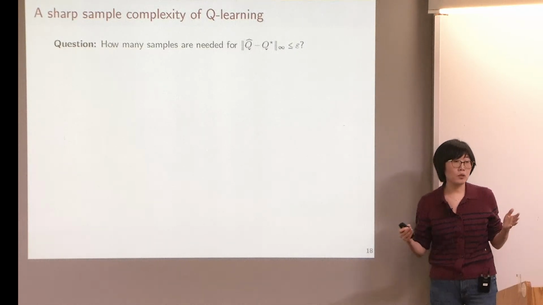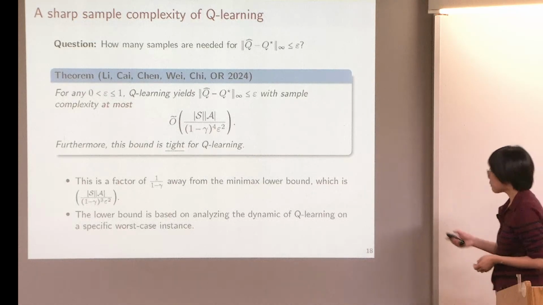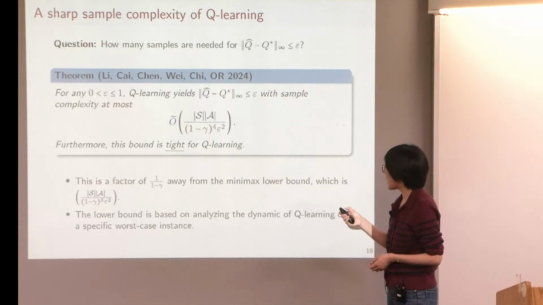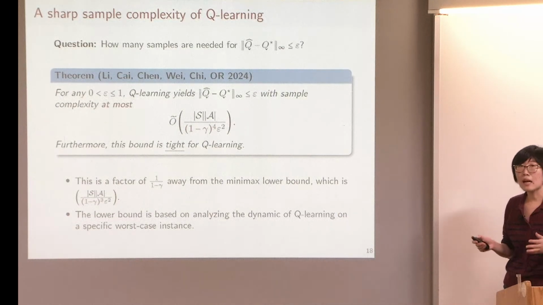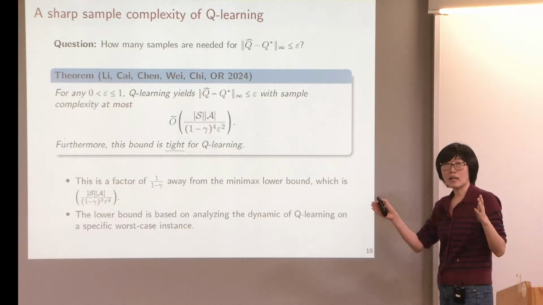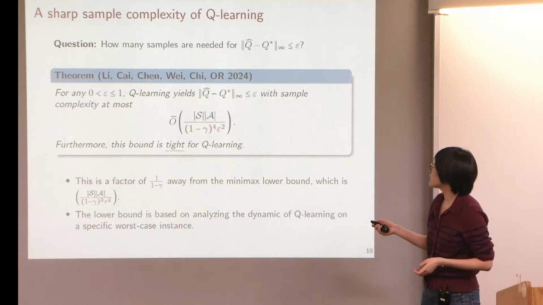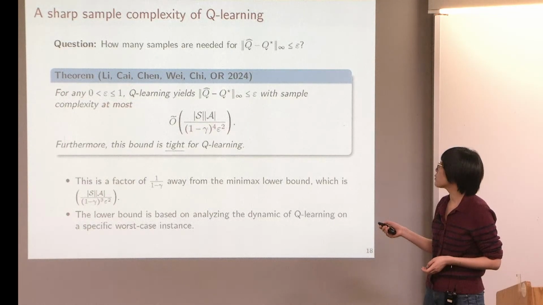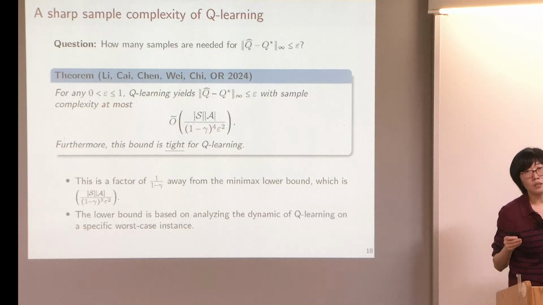How many samples does it need? We have a sharp understanding that the sample complexity scales as the size of your state-action space times the fourth order of the effective horizon, divided by epsilon squared, where epsilon is our accuracy. And this is, in fact, sharp.